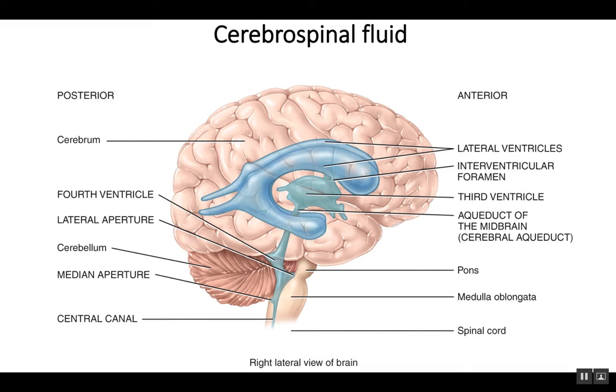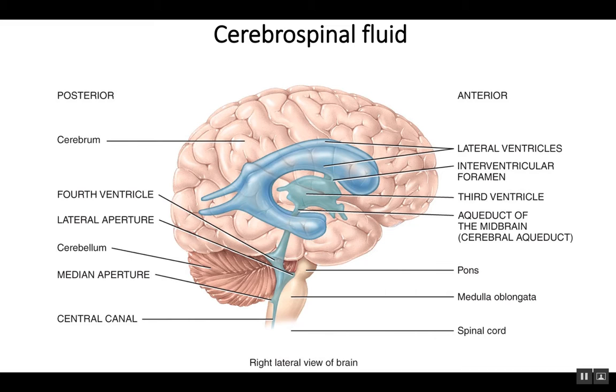It helps maintain electrolyte levels throughout the brain and spinal cord. We can use it as a diagnostic tool by taking it from the subarachnoid space at the bottom of the spinal cord and look for infection, look for electrolyte imbalance.